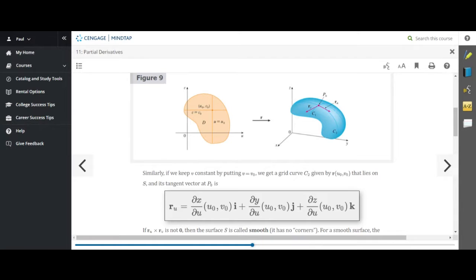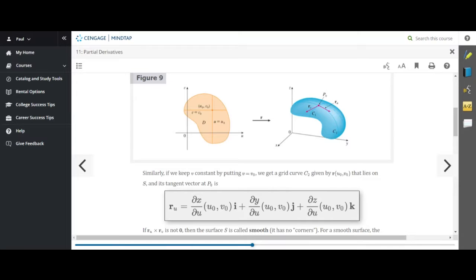If you keep u constant, then you get the grid curve C1, which I think is what I said, right? And if you keep v constant, you get grid curve C2, which is also what I said.